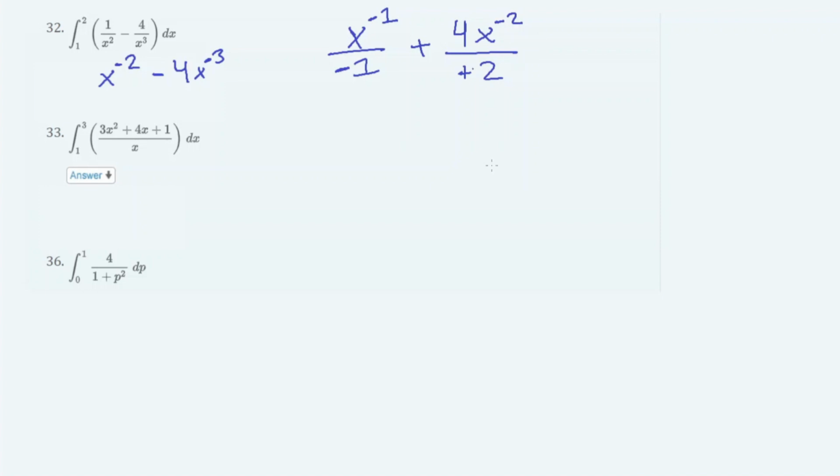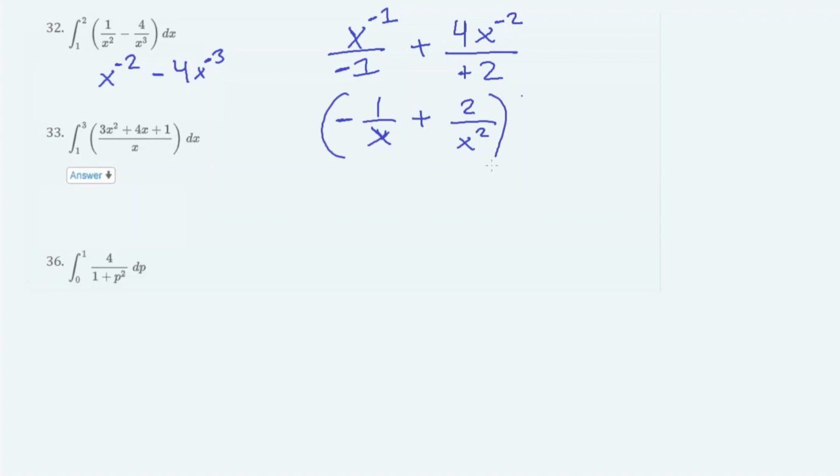And now all we need to do is simplify here. So we're going to have negative 1 over x for the first part, because we still have x to the negative 1 power. And then we have plus 2 over x squared for the second part, because 4 over 2 is going to be 2, and then x to the negative 2 power is x squared on the bottom.